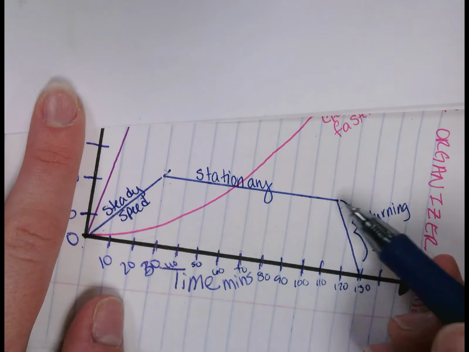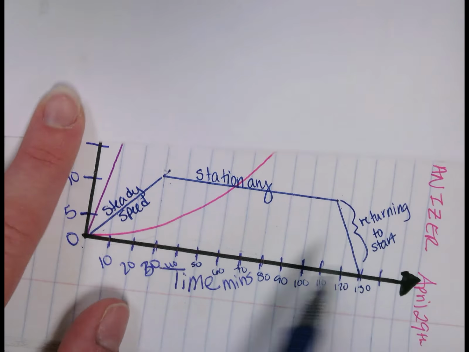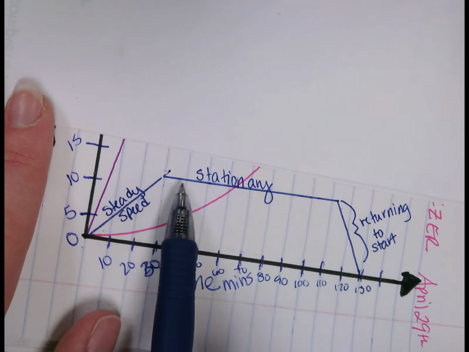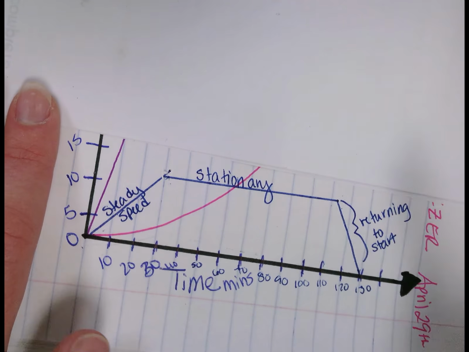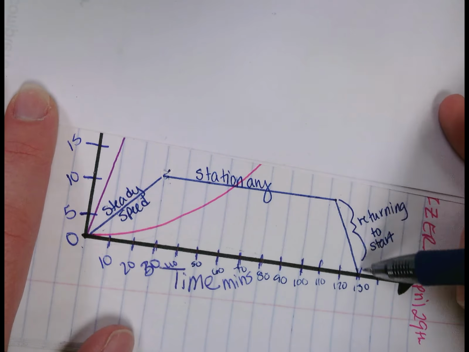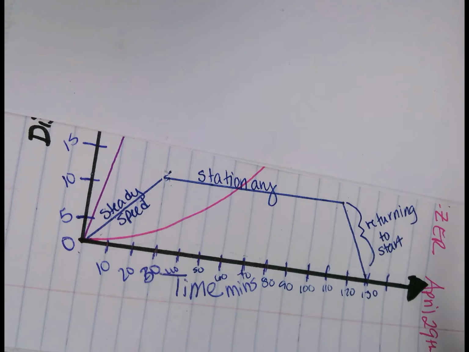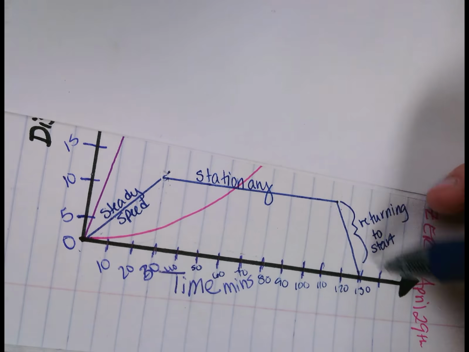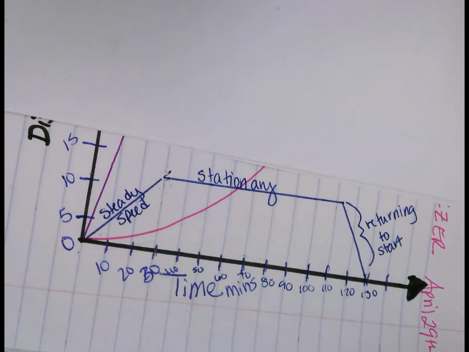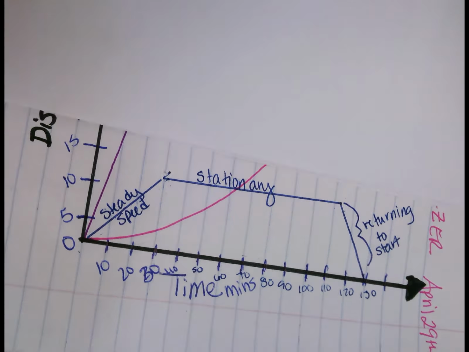They're not going back to start. They're going someplace different because of their distance. But in this case, they went to a certain point, they stayed, so the vehicle was not moving, and then they started returning. And my graph probably isn't exactly the same because, let's say it took them 30 minutes, it should be a little bit further out. Okay. However, because this is not something completely precise, I'm not too worried about it. So that is what your graph should look like.